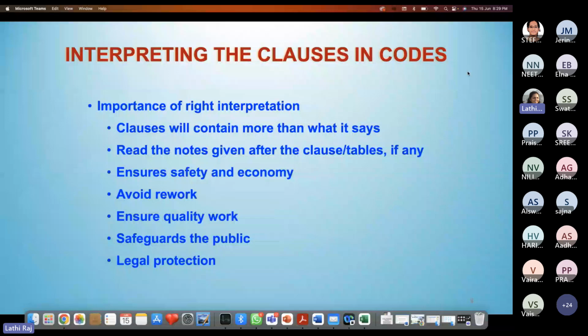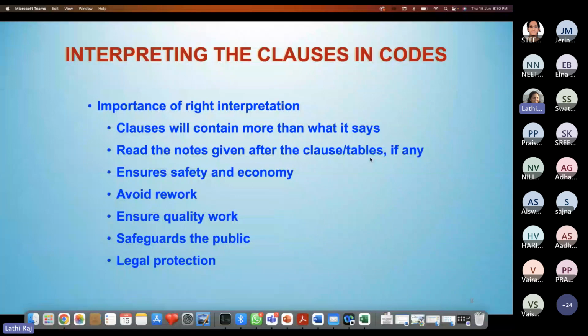Clauses will contain more than what they say. That is one thing. It may give one sentence, but there will be some meaning in each of those sentences. It is important to read the notes given after the clauses or tables, if any. More than the clause, if a note is given, definitely you should read that note.